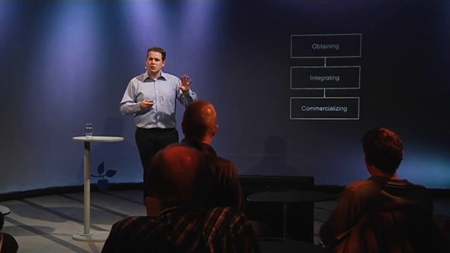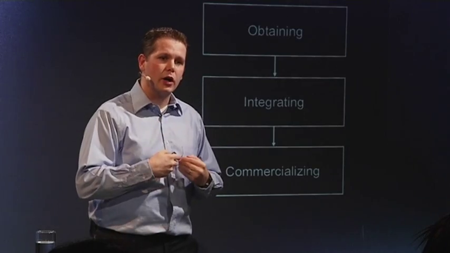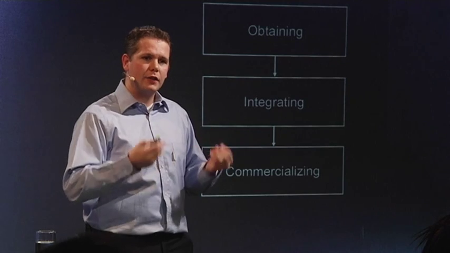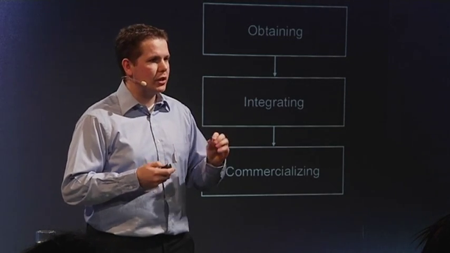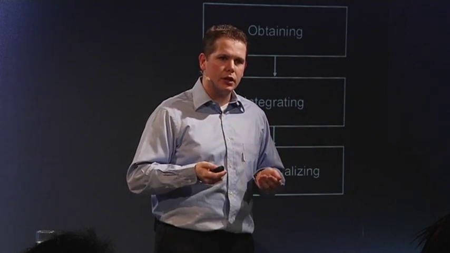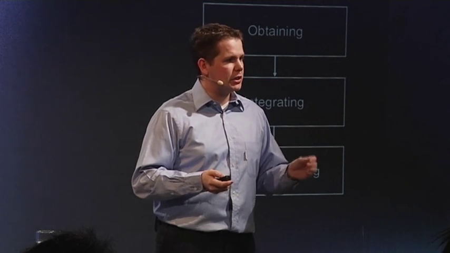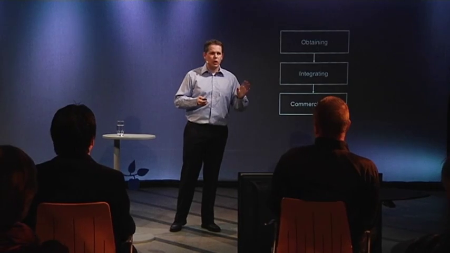But again, this is only part of the story. Firms need to make sure they have the capability and the culture to successfully integrate this external knowledge into their own organization. And then finally, they need to make sure that they manage in some way the costs, the risks, the uncertainty. They need to make sure that their general strategy and business model is in line with their open innovation activities.